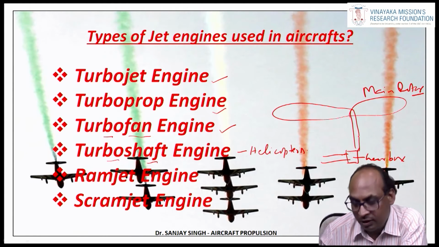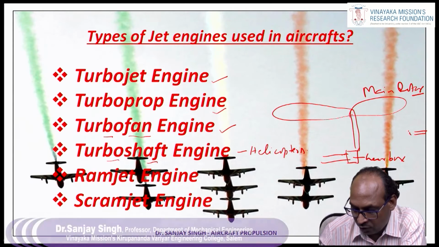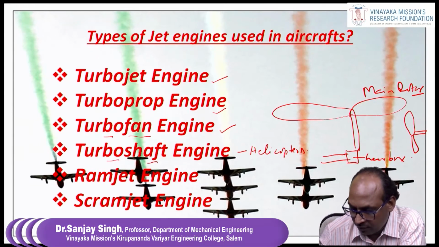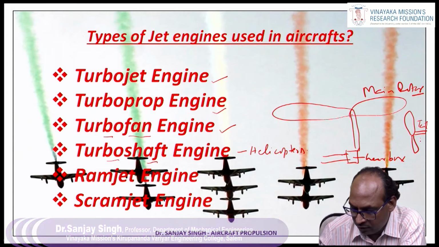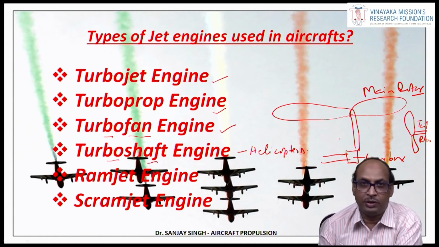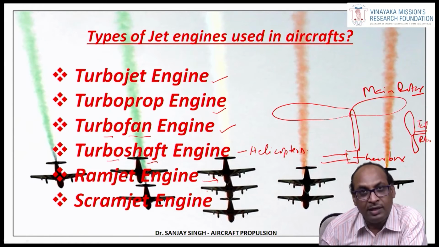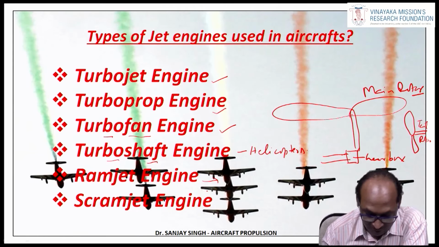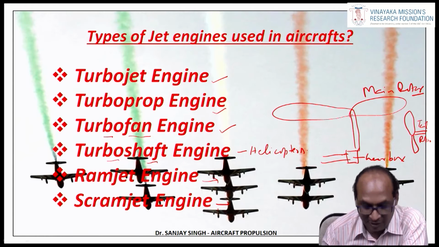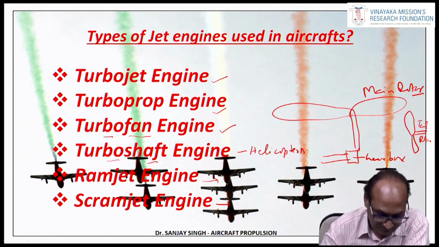From this gearbox, drive will be given to the main rotor and also to the tail rotor. So this is the tail rotor, and this assembly is used in a helicopter. That's the turboshaft engine. Ramjet engine, yes, a very specific engine, we will have a discussion, and then the scramjet engine. So these are the engines generally used in aircraft.